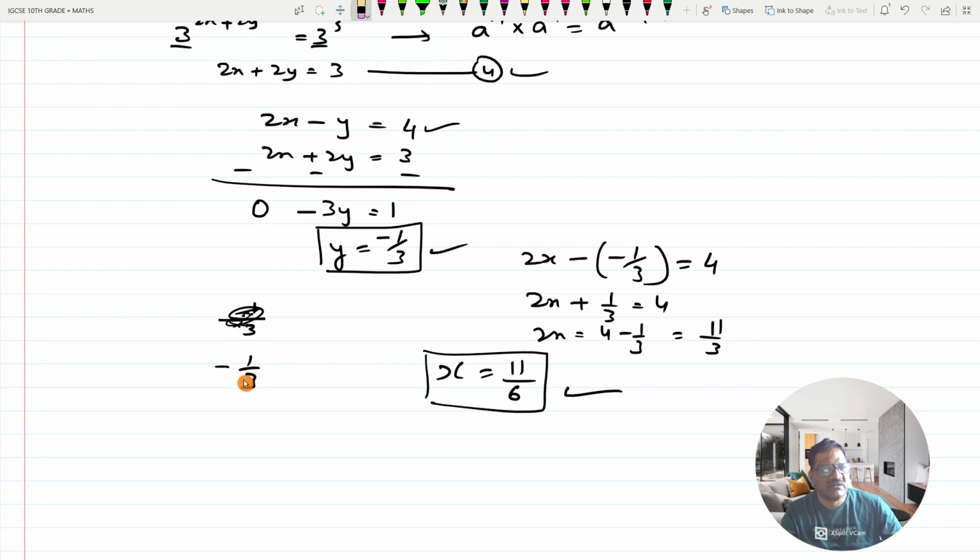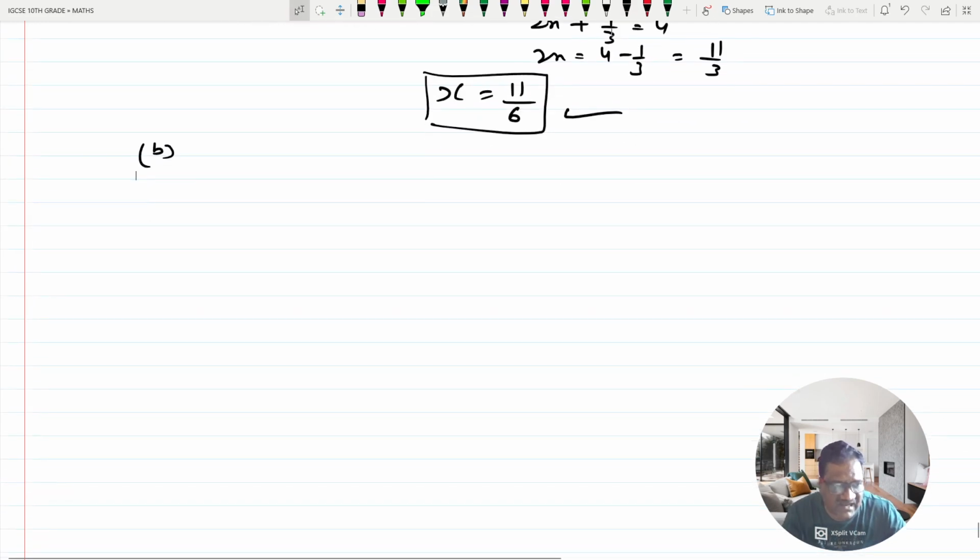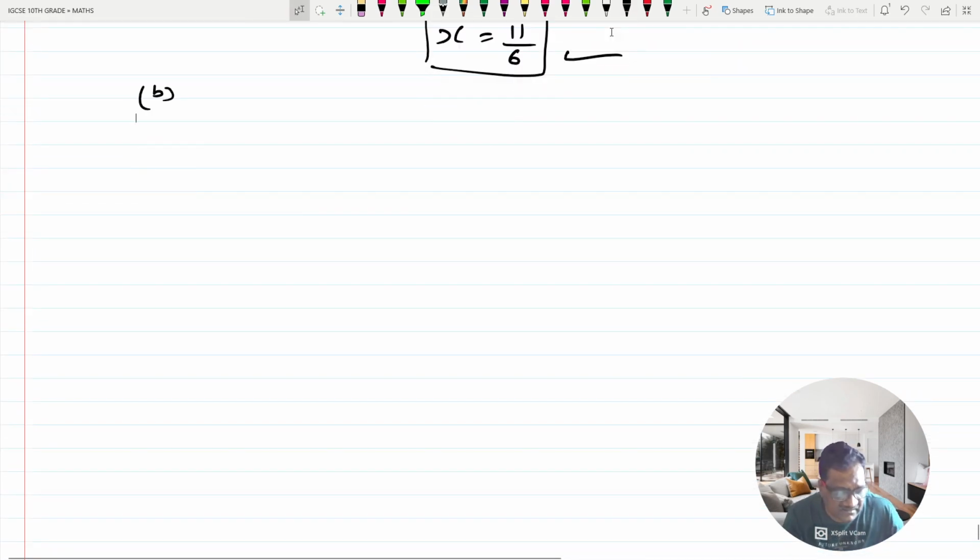Let us move on to the next question, that is sub question B. Now for this sub question B, the equations are 27 raised to x equal to 9 times 3 raised to y.